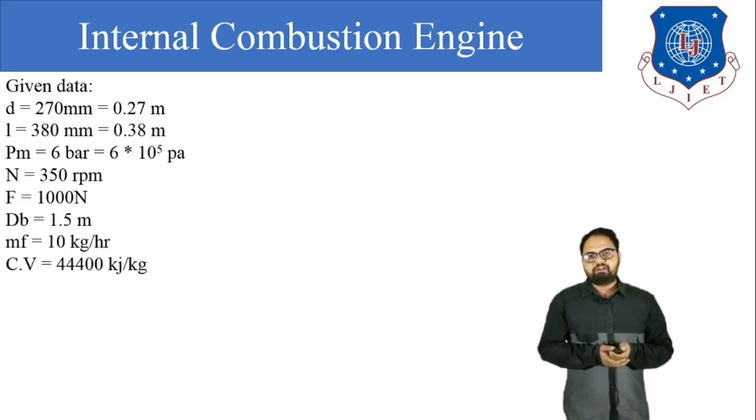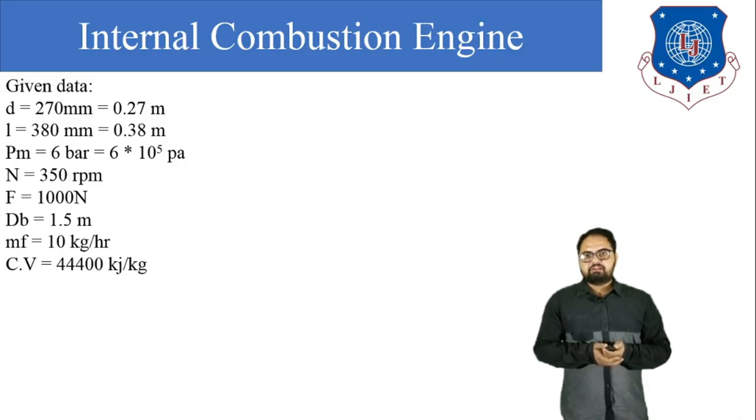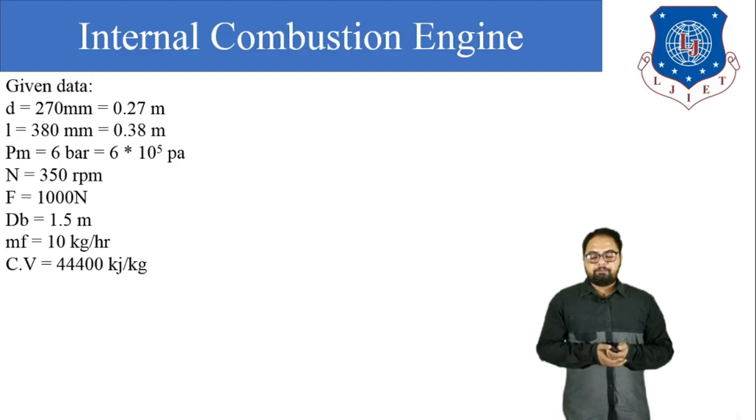Here they have given diameter D equal to 270 mm, so it is 0.27 meter. Stroke length is 380 mm, so 0.38 meter. Mean effective pressure is 6 bar, so it is 6 into 10 raised to 5 Newton per meter square or Pascal. RPM is 350.